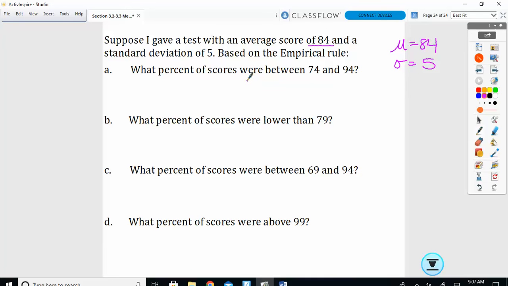Before I answer any questions, I want to label a few things on my picture. The mean is the center. So we can go to our empty bell curve that I gave you. And your center, or your mean, I'm going to label that as 84.